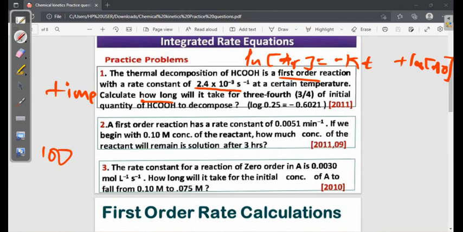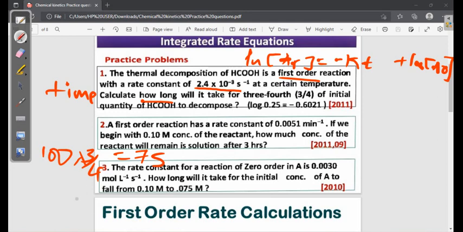So we're going to multiply the 100 by 3 over 4, which will give us what? 3/4 of 100 is what? And then which one is our initial and which one is our final? Initial is 100. Final is 75.